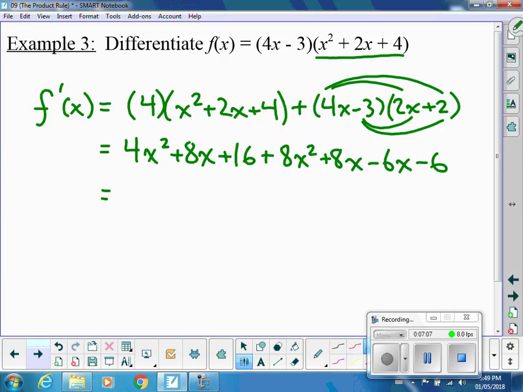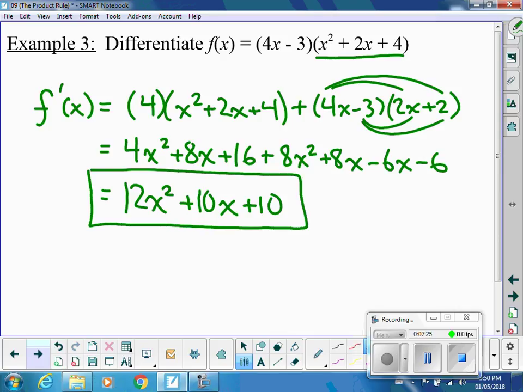If I collect my like terms, I've got 4x squared and 8x squared, 12x squared, 8 plus 8 is 16 minus 6, and 16 minus 6. So my derivative is 12x squared plus 10x plus 10.